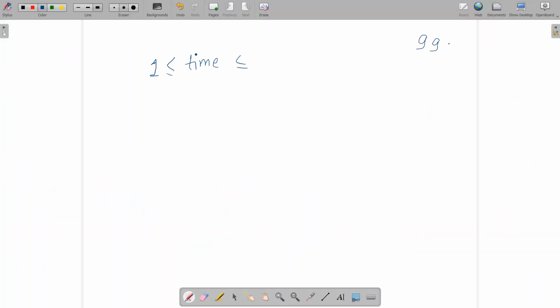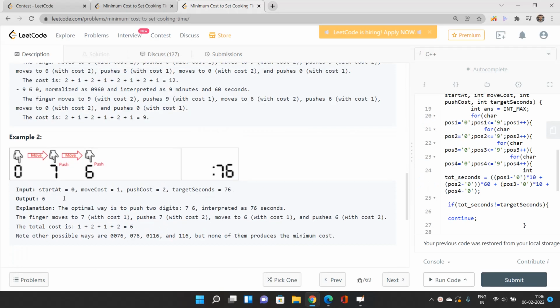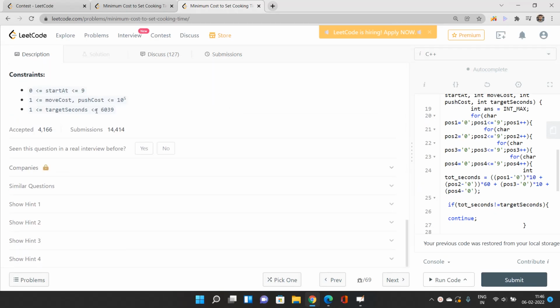So 99 into 60 plus 99. 99 into 60 should be 5940, plus 99, which is 6039. So you must have the target seconds between 1 and 6039.